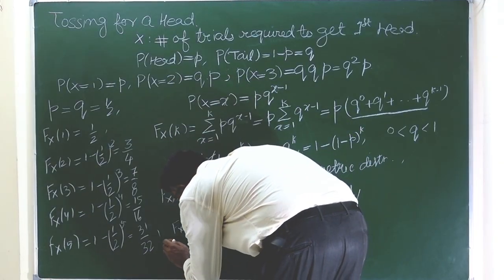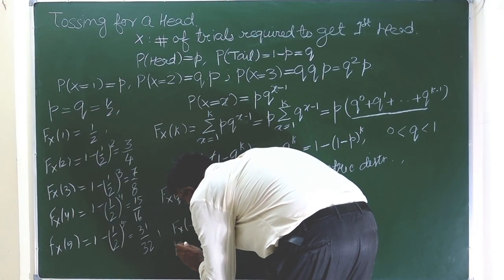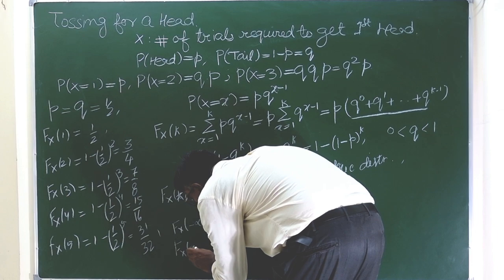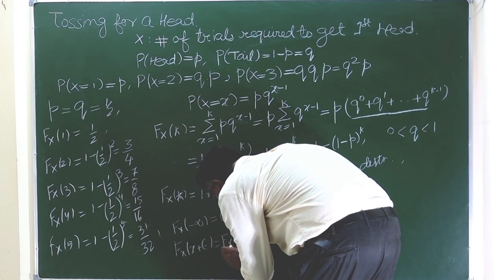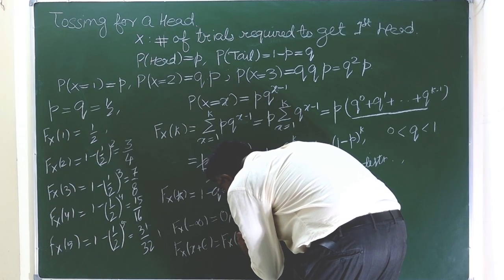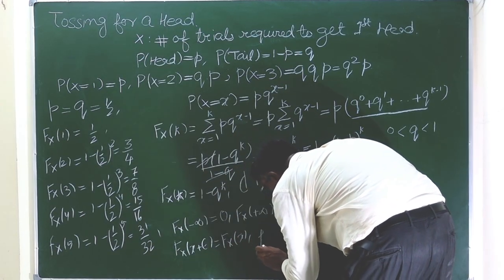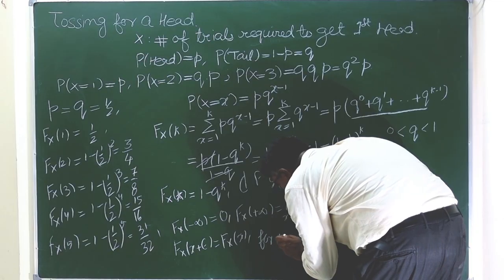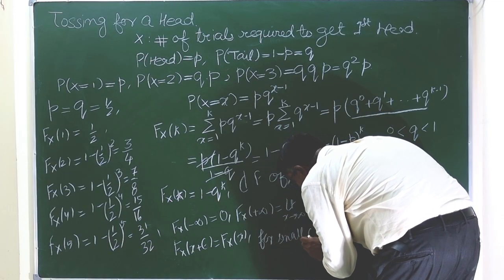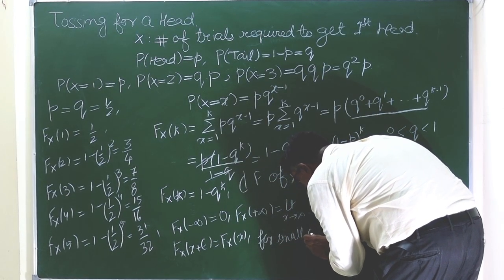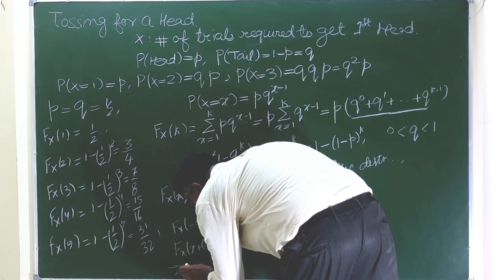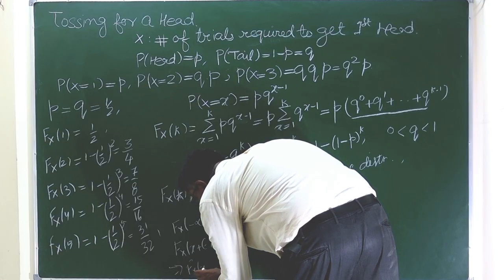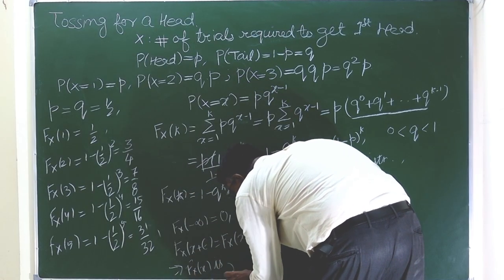Also, it is worth noting that F of x plus epsilon will be equal to F of x for small epsilon. It implies that F of x is right continuous.